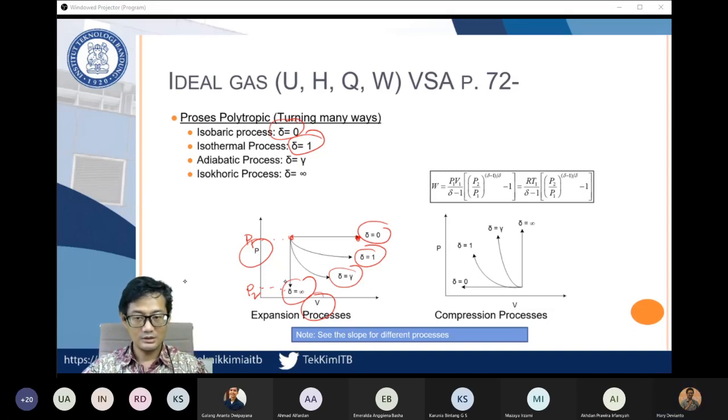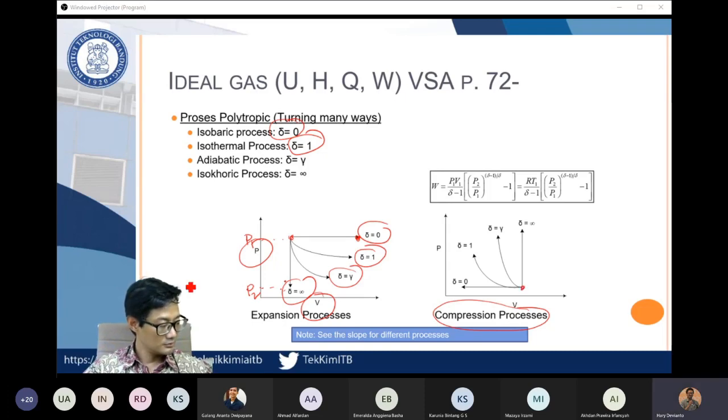Okay? So in the opposite way, this is a compression process. You want to compress something, so the volume will shrink. This is the initial volume, decreasing to a smaller volume in the isobaric process. Again, remember, when you want to compare isothermal and adiabatic conditions, be aware of the slope. The adiabatic always gives a steeper slope compared with isothermal.